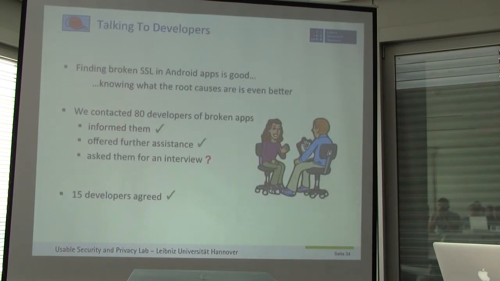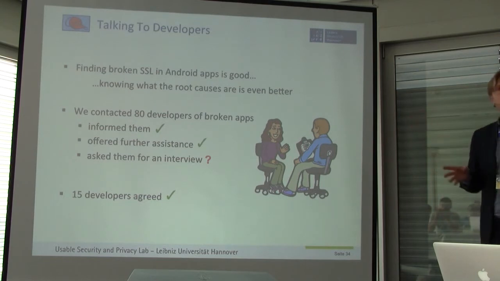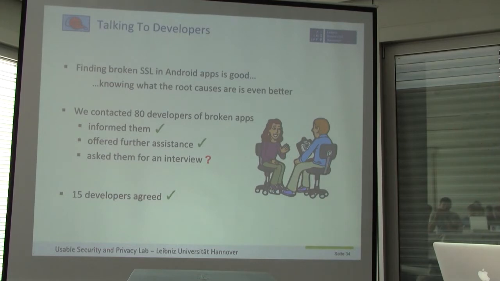So we then kind of sat down and said, this is such a widespread problem. When we're kind of trying to hunt down the causes of this, just finding apps which are broken is fun in a way and does help, but it will not eliminate the root causes of why things are going wrong. So we contacted the 80 developers which were responsible for the cherry-picked apps we had, informed them of the problems they had, and offered assistance in fixing the apps.